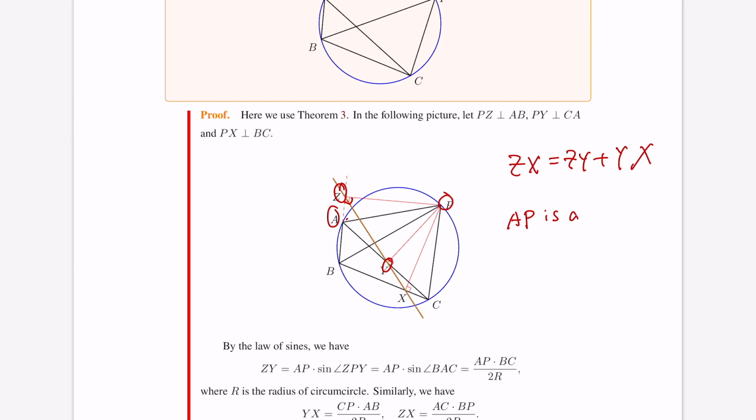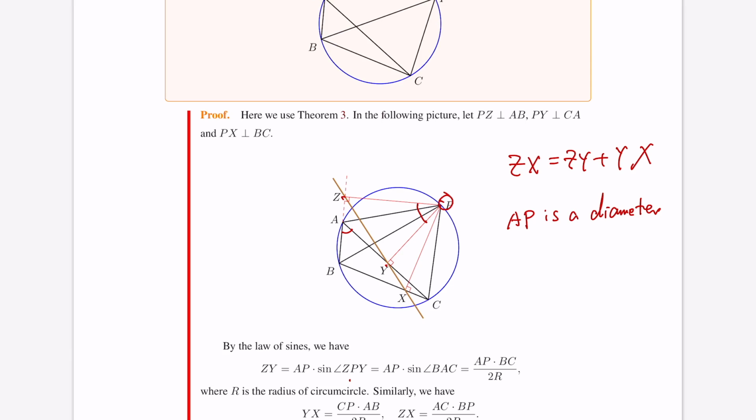Once AP is a diameter, the law of sines tells you that ZY is equal to the diameter AP times sine of angle ZPY. Why? Because this is corresponding to that, and this angle is equal to that angle. So sine ZPY will be equal to sine BAC.